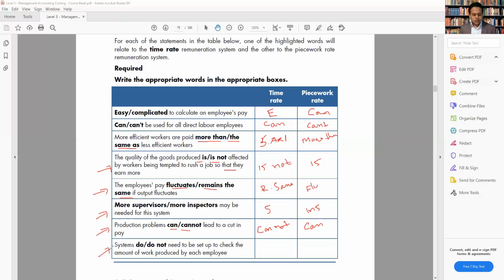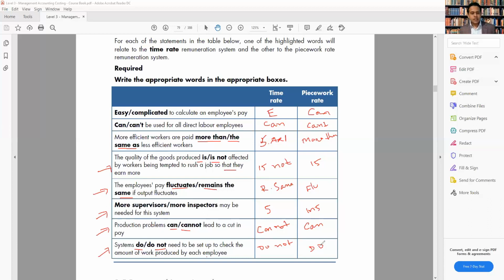The next one we have: a system needs or does not need to be set up to check the amount of work produced by each employee. Do or do not. So time rate, do not, and piecework, do.